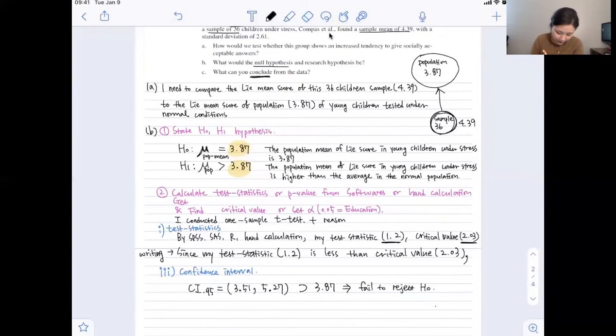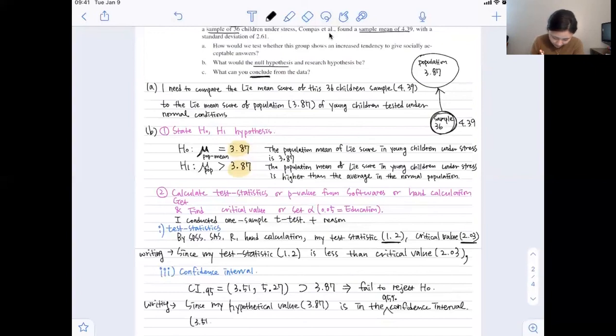So I would write, since my hypothetical value, which is 3.87, is in the 95% confidence interval, which is 3.51, 5.27.